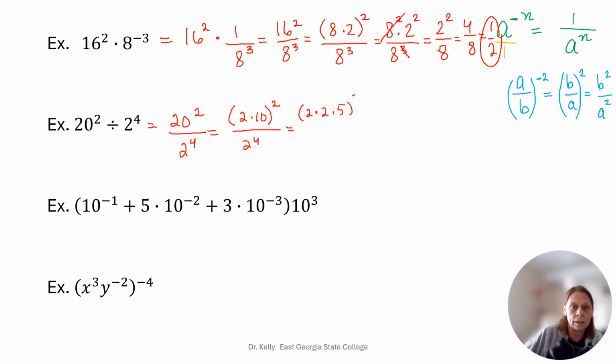All that quantity is still squared over 2 to the 4th. So this is 2 squared times 5, quantity squared, over 2 to the 4th. This is 2 to the 4th times 5 over 2 to the 4th, which equals 5.